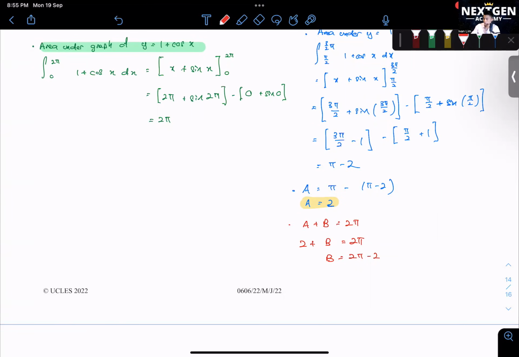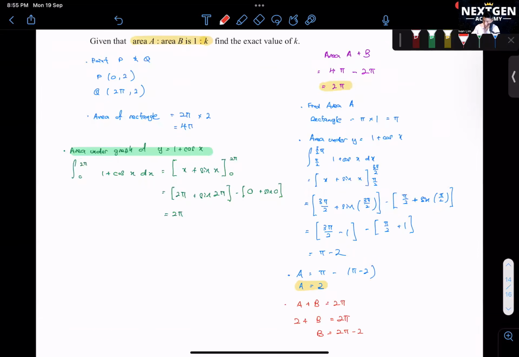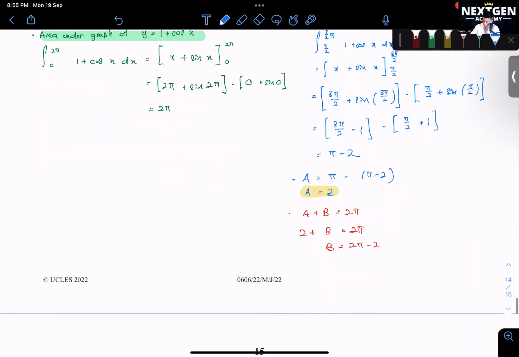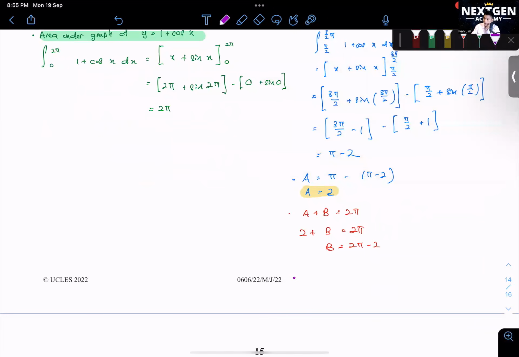Okay, what do we want to find? We want to find the ratio of area A to area B. So the last part here, area A to B, we can write it as 2 over 2 pi minus 2.